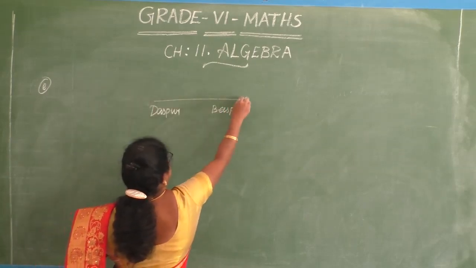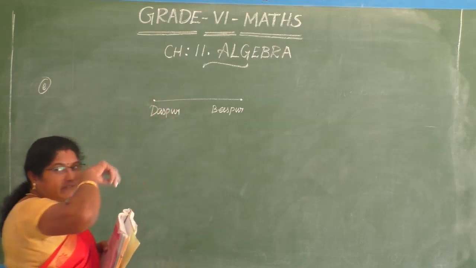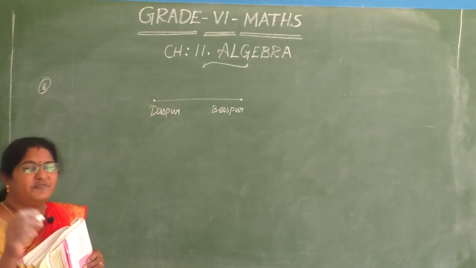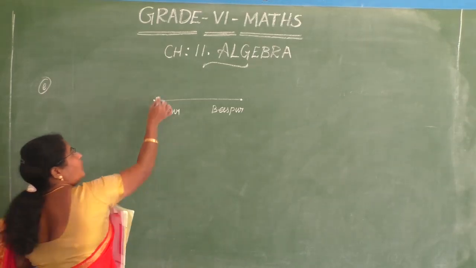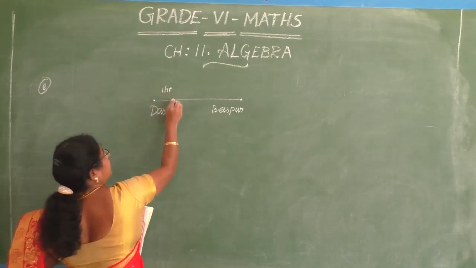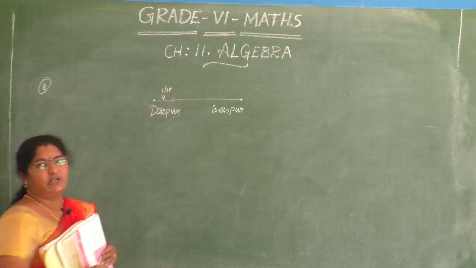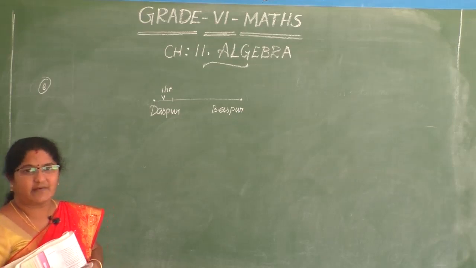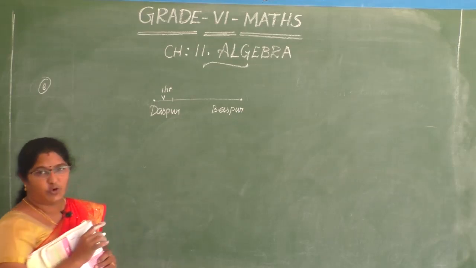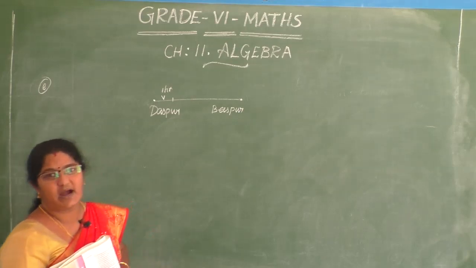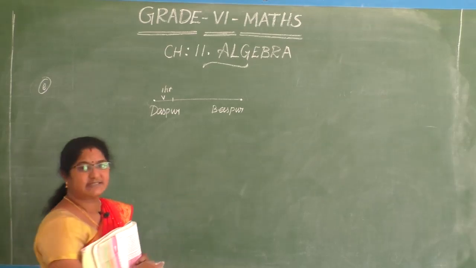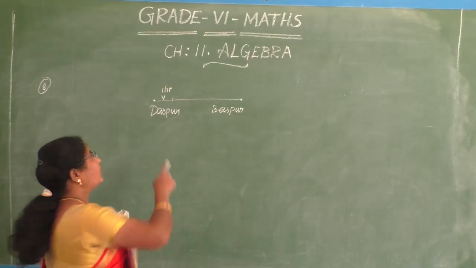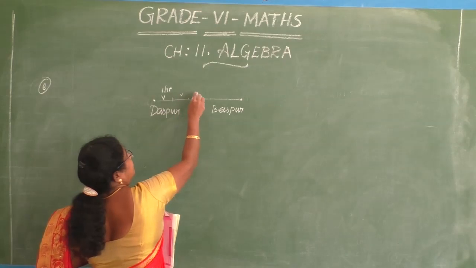This is the distance. The bus travels v kilometer per hour, so for 1 hour it travels v kilometer. So after 5 hours, how much does it travel?